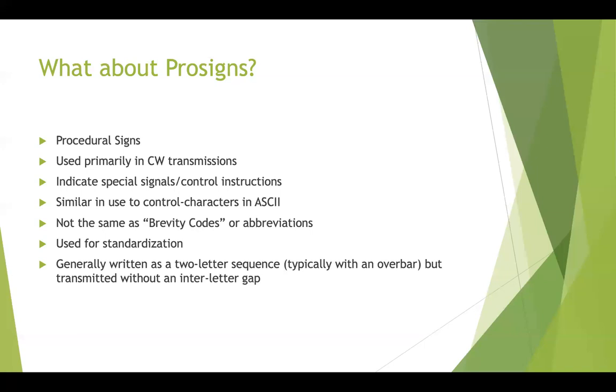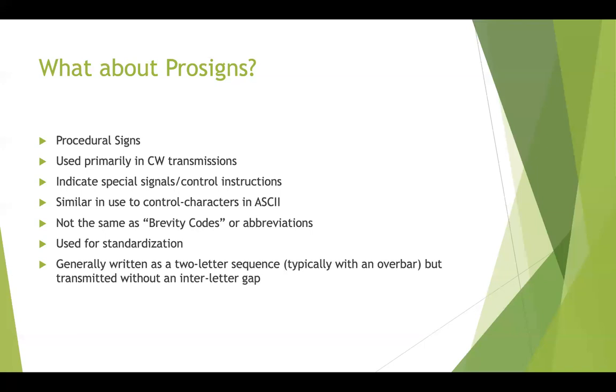We'll talk about some brevity codes or abbreviations later, but they are used for standardization. Again, the potential exists that you're talking to a station in another language, and if you can use a code that is known to both stations, that will simplify your communications. They're generally written as a 2-letter sequence, typically with an overbar, and transmitted without an interletter gap.